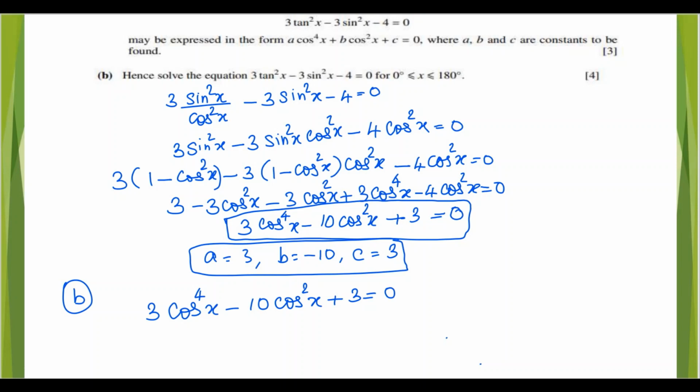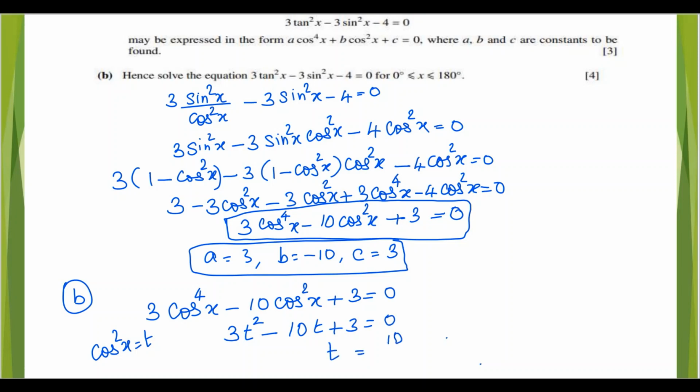For that, let us take cos square x as t. Substitute that one, we will get 3t square minus 10t plus 3 is equal to 0.